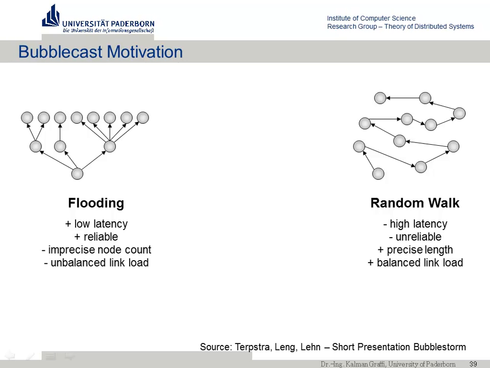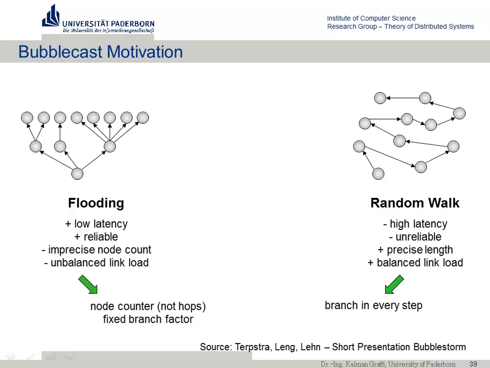With the random walk, you could somehow balance the link load. There you could make sure that stronger peers have more to do, and you could also control how far you get, but it was unreliable, and you didn't have the results in a short time.